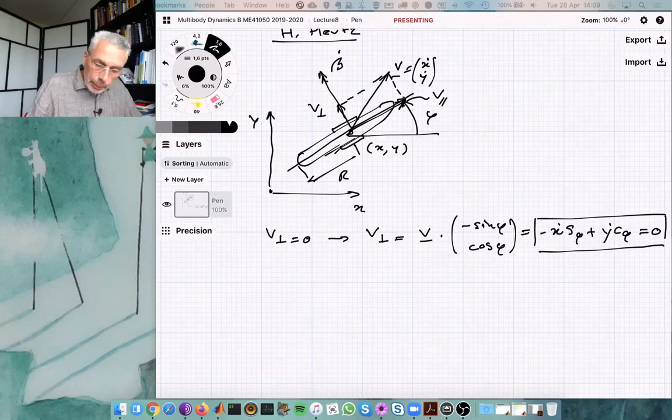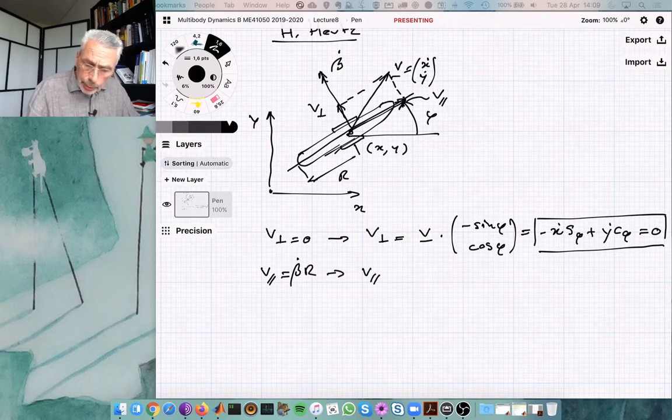The second one, the v in the direction of travel, is beta dot times r. So what is v in the direction of travel? Again, it is a dot product of the current velocity with the direction vector, which has a cosine and a sine of phi.